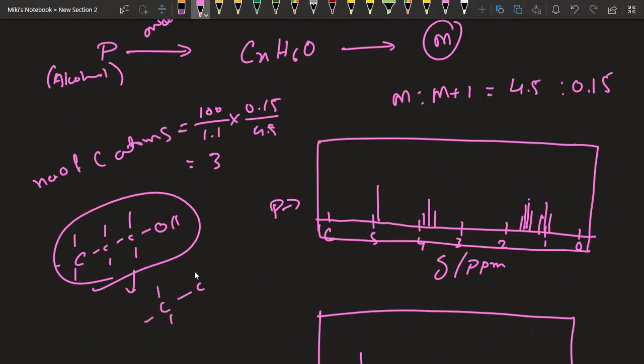Secondary alcohol could also be oxidized. If that's the case, OH. Let's see how many environments are here. Here we have 1 environment, but see, this CH3 and this CH3, they're identical. Why? They're bonded with the same carbon atom. So 1 environment, this 2nd environment, 3rd environment. That means this secondary alcohol is not possible, isn't it? Because we have 4 different environments. So this one is not possible.